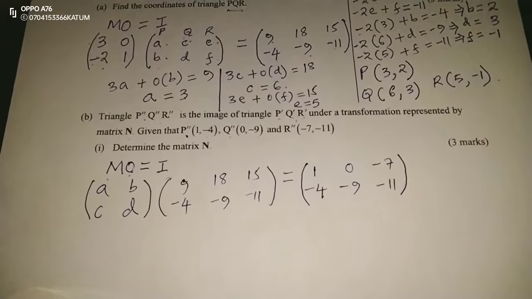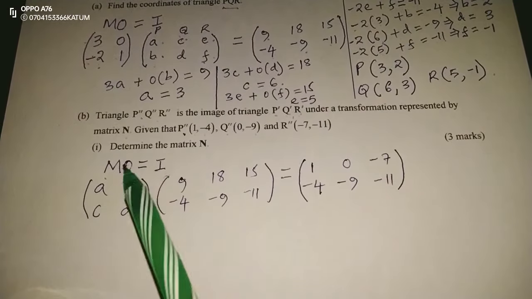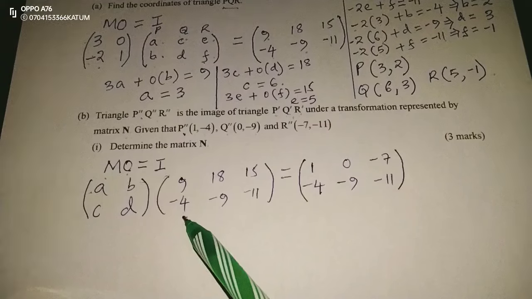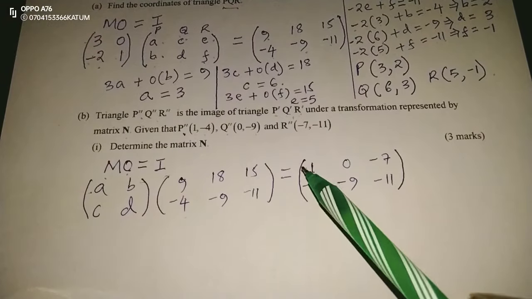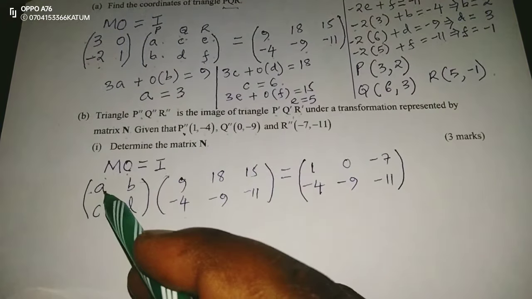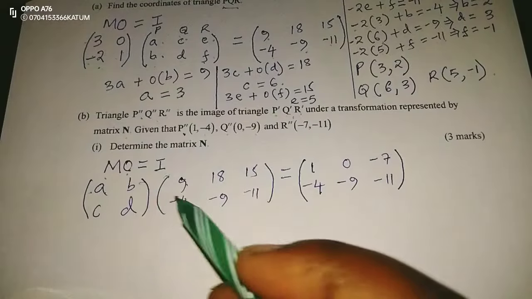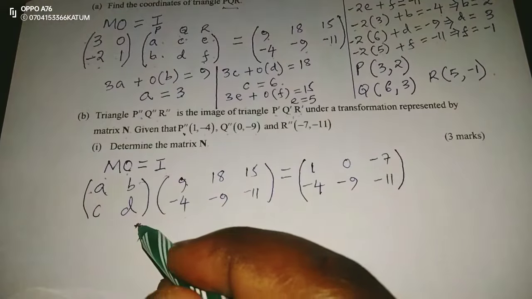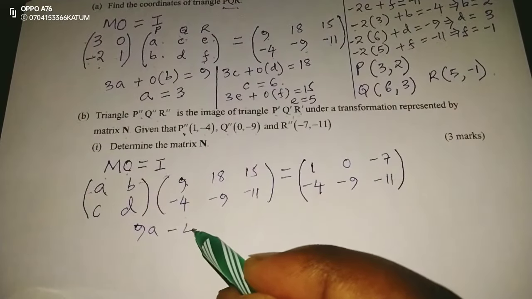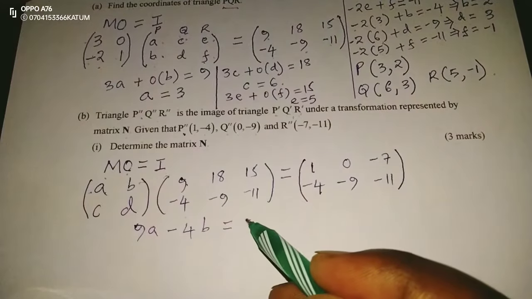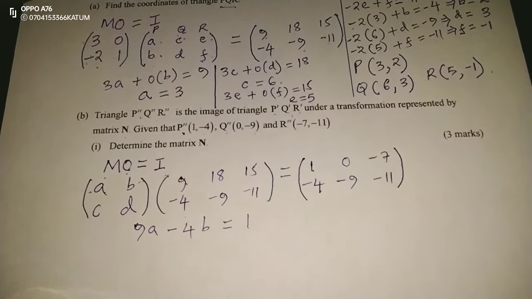Now we can get the unknowns, where we say a row times a column should give us the first element. So 9a minus 4b should give us 1. That is the first equation.